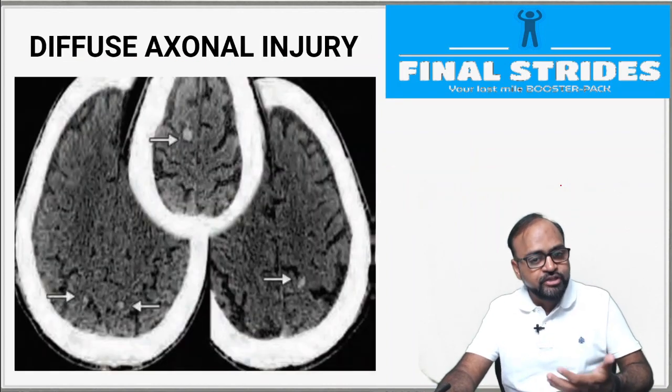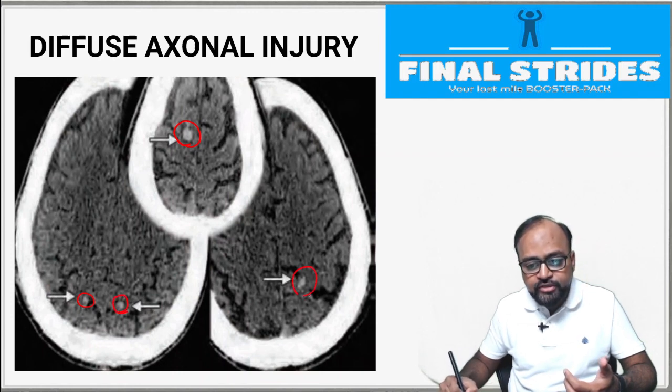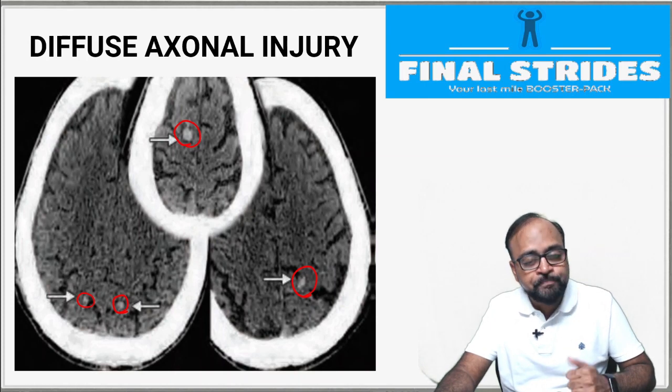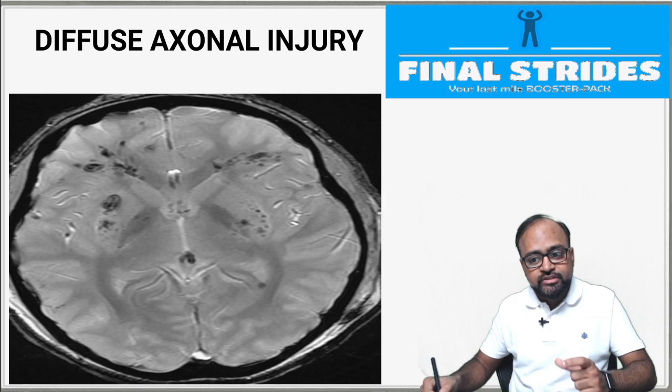Now, in one patient we did a delayed CT, and on this delayed CT we could see some tiny hemorrhages. These are very small petechial hemorrhages, mainly at the gray white matter junctions, suggesting a diagnosis of diffuse axonal injury. As I said, MRI is the investigation of choice. What sequences are used in MRI?